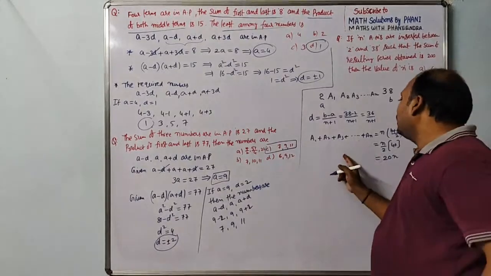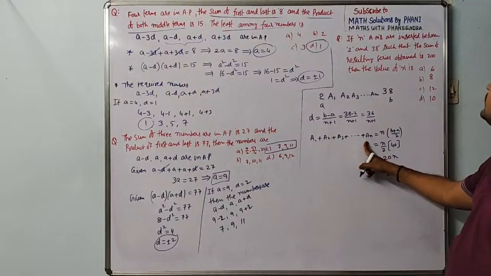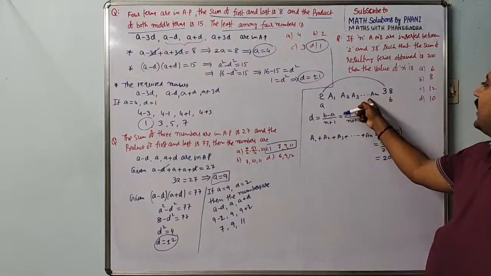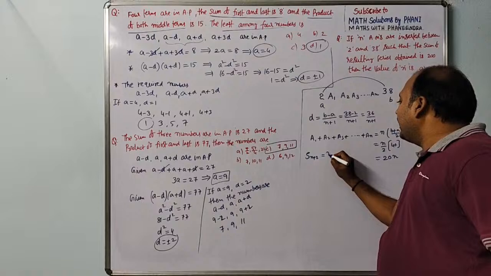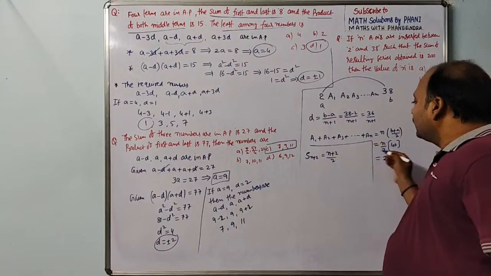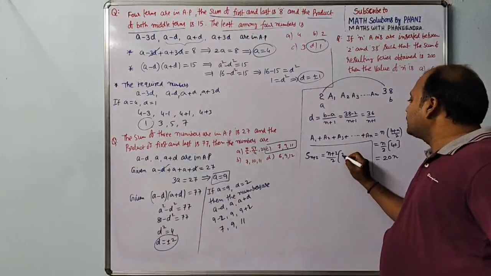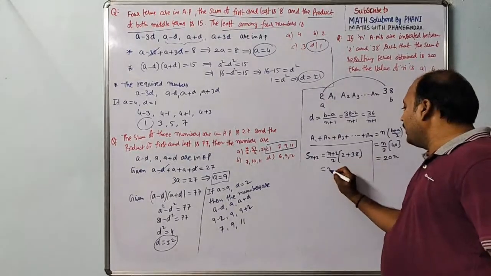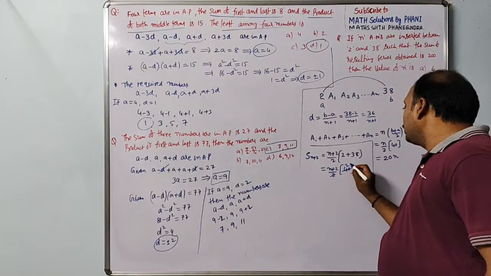But here also we have to do that. Total A1 to An, not only these values, but also we'll consider these two, total n plus 2. Sn plus 2 is equal to n plus 2 by 2, this is one way, into sum of first term and last term, 2 and 38. So n plus 2 divided by 2 into 40, 2 ones, 2 20s.